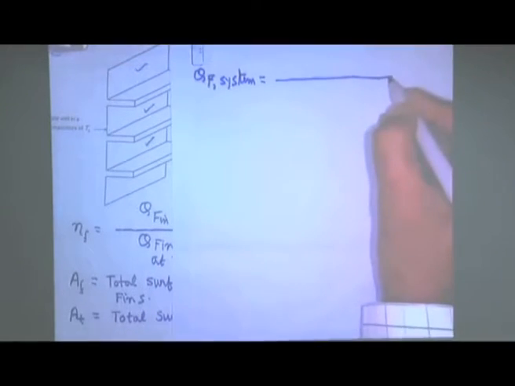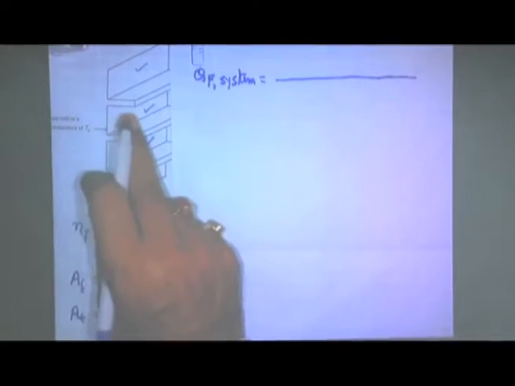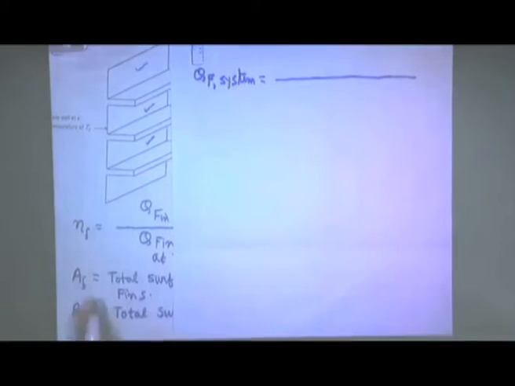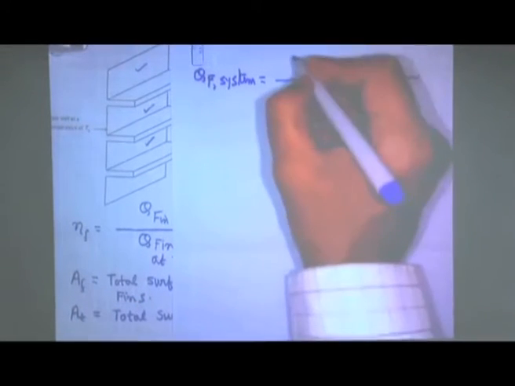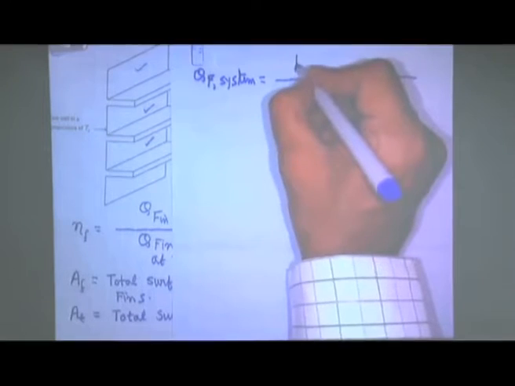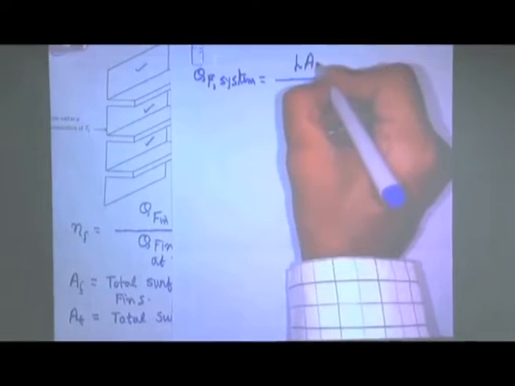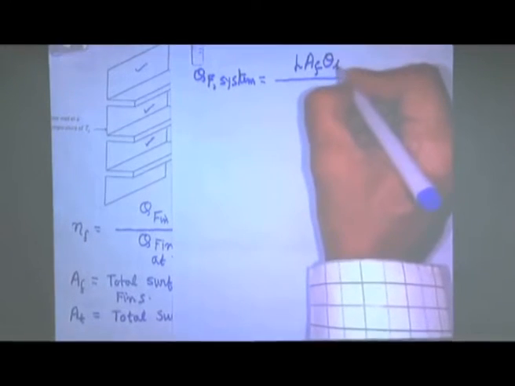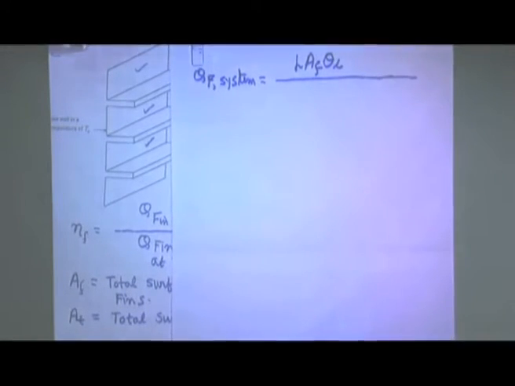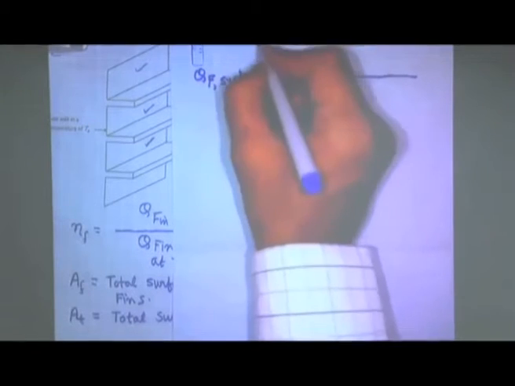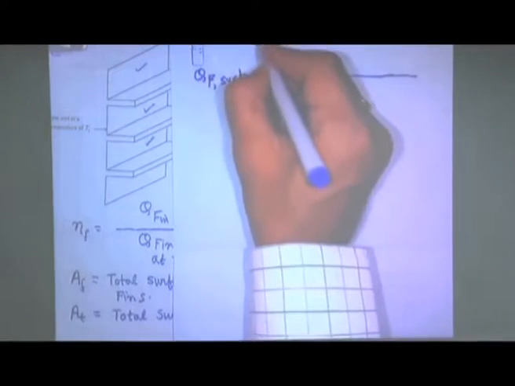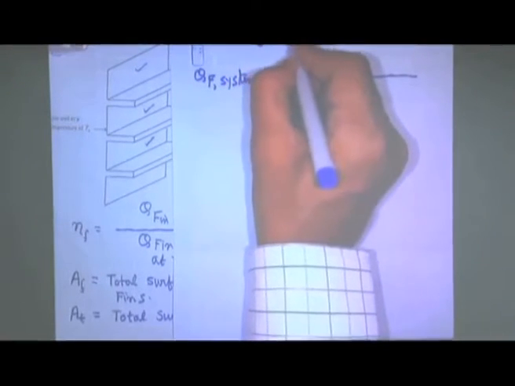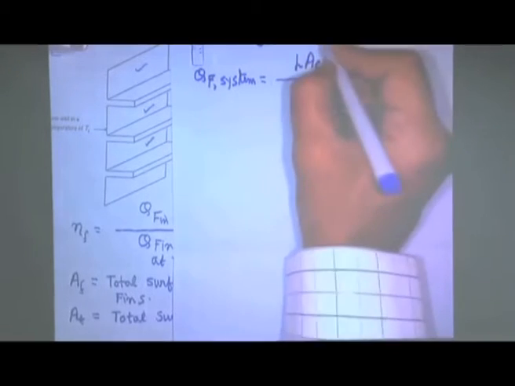So Q fin system is the heat transfer from the fins. That means if AF is the total surface area of the fins, then h into AF into theta B. What is theta B? Theta B is Tb minus T infinity.